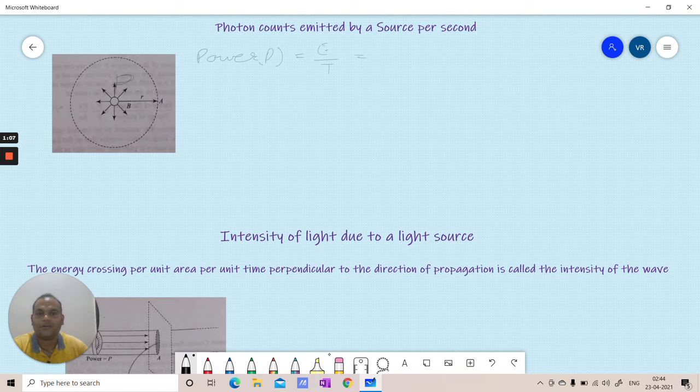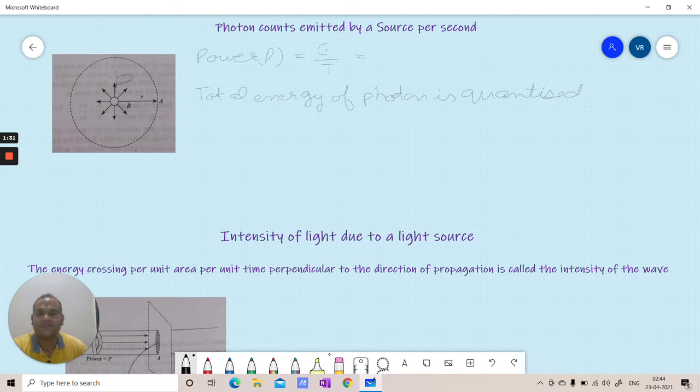Even you can write, energy is coming from photons, so the photon's energy is quantized. Here we need to write the total energy. What do you mean by quantized?